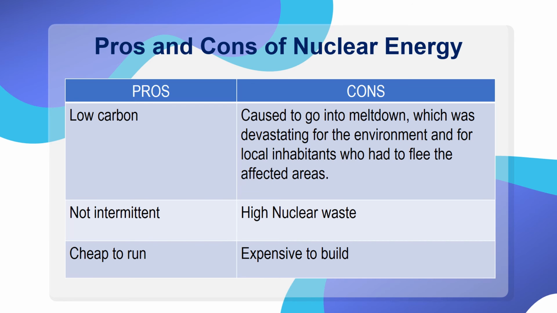Cons of nuclear energy. One side effect of nuclear power is the amount of nuclear waste it produces. It has been estimated that the world produces some 34,000 cubic meters of nuclear waste each year, waste that takes years to degrade.